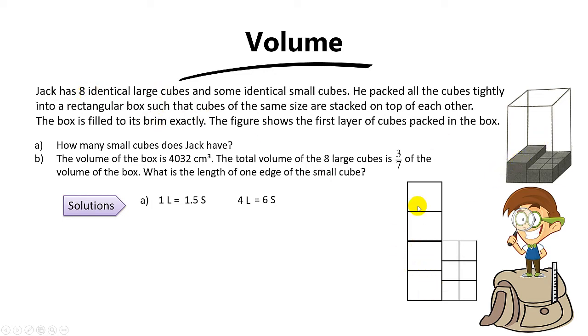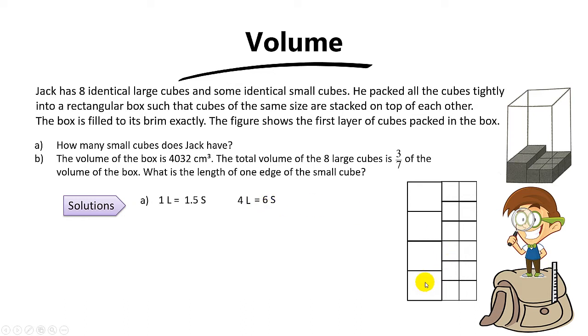So 4 layers of large cubes will give you a total of 6 layers of small cubes here. How do you get 6 layers? That's because 2 large equals 3 small, so 1 large equals 1.5 small. So 4 large will equal 6 small.